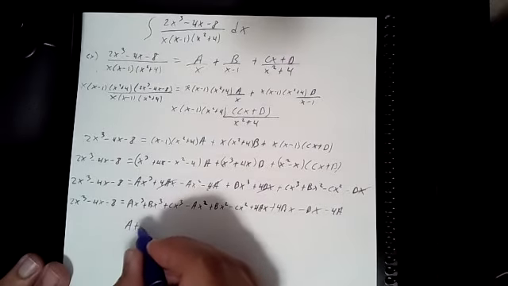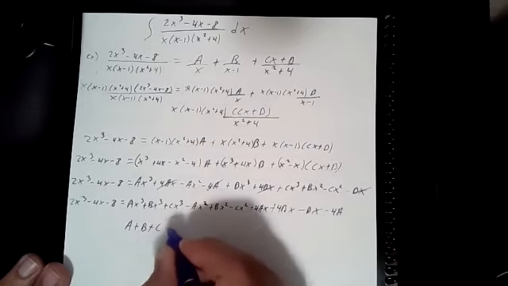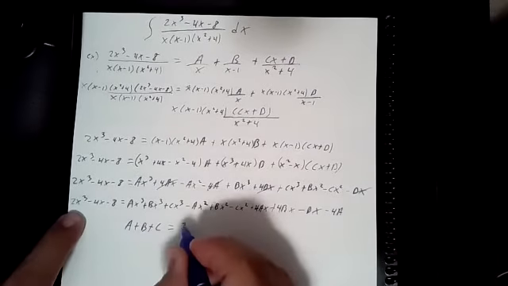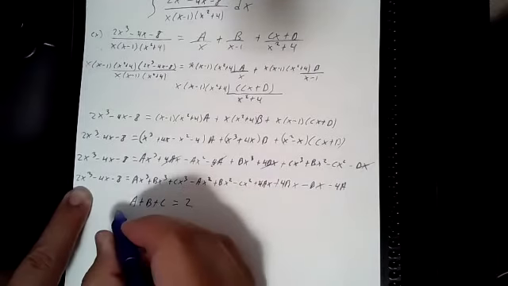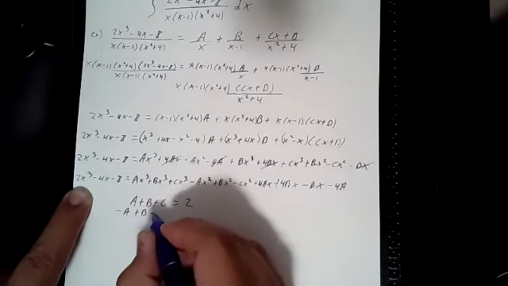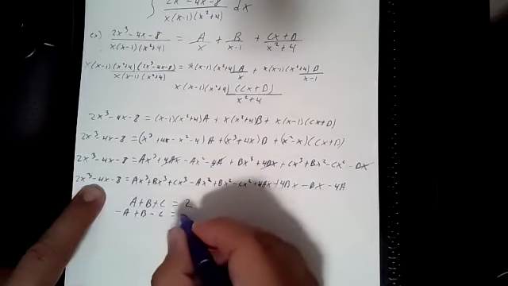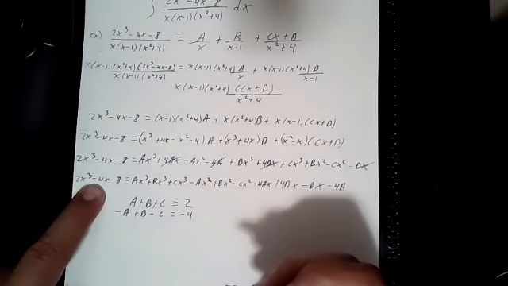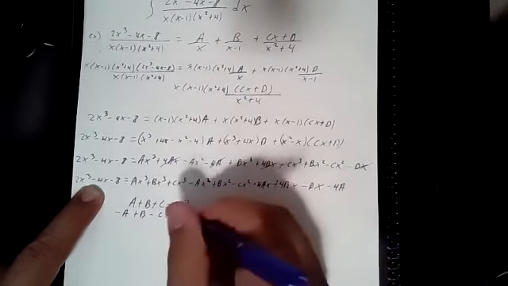All right, so let's make the system. So A plus B plus C is equal to 2 for the cubic term. For the square, minus A plus B minus C is equal to, actually 0, there is no quadratic.